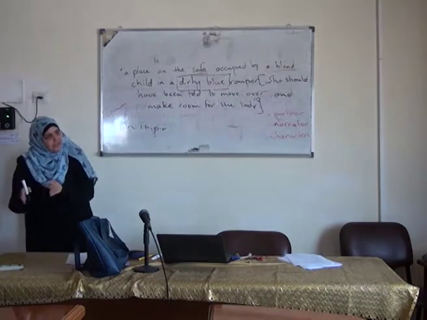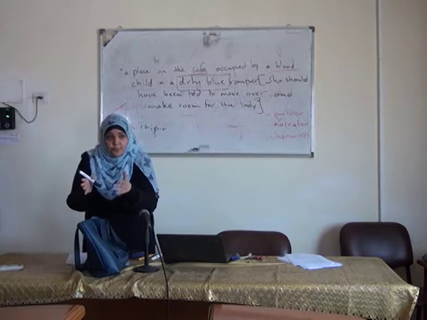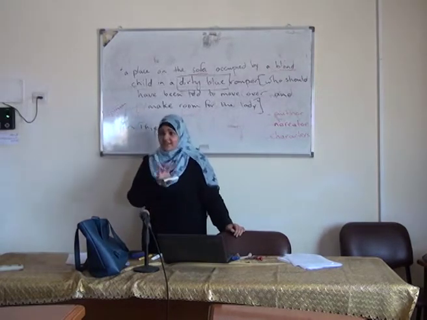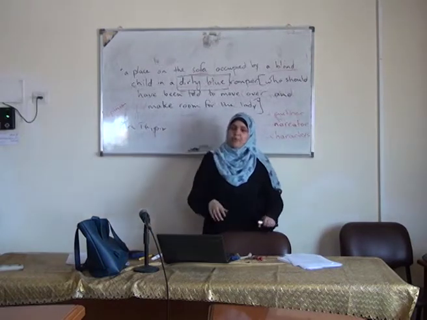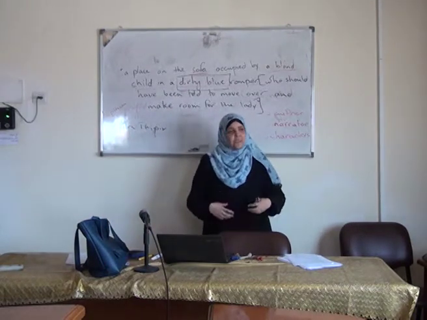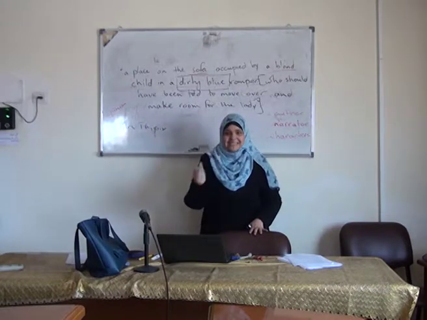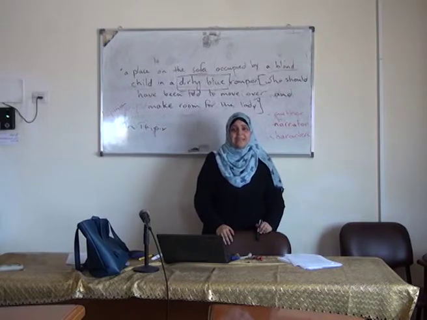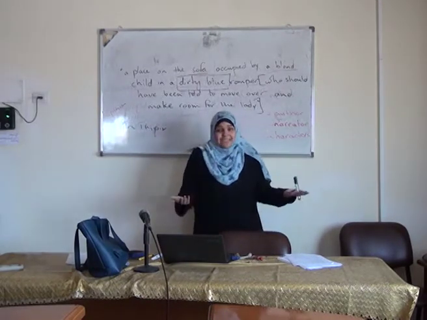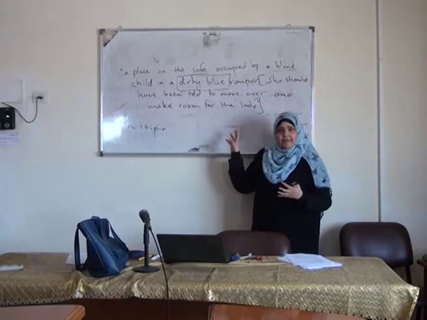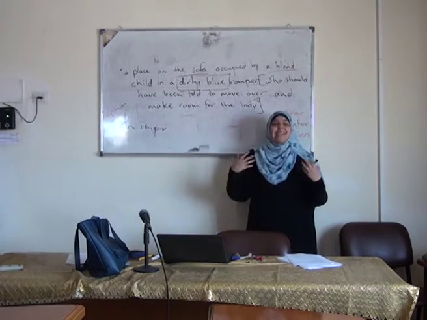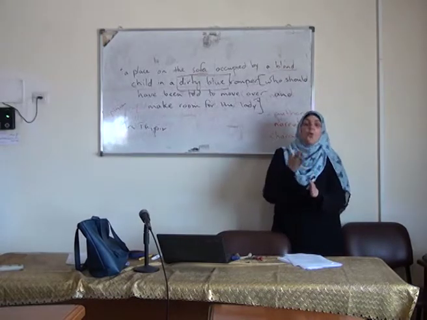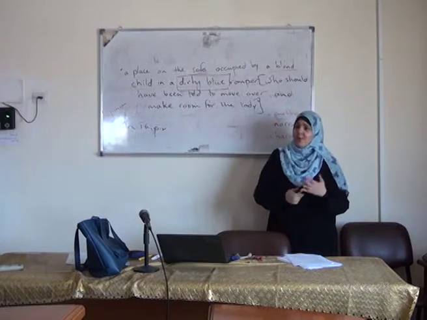Because she's judgmental, because as soon as she came into the room, the first thing is she sized up everyone, she took a look at everyone, she understood everything, then she looked at the boy and she noticed that his clothes were dirty, she made instant judgments, and then she thought, well, you should have moved and made space for me. But we don't see any me in the paragraph, we don't see any I, we just understand it. So if I go back to the question of what is the point of description, what would you say now?